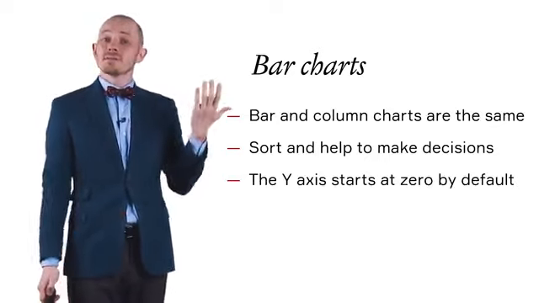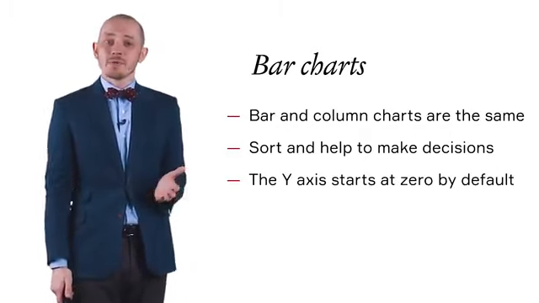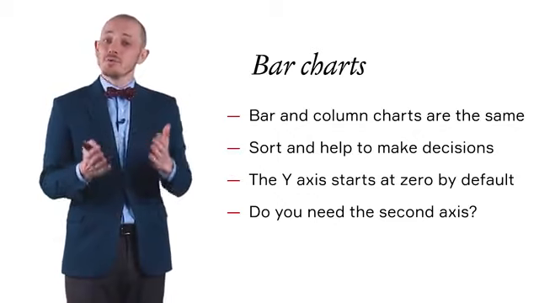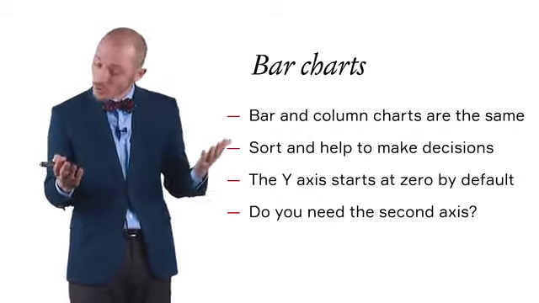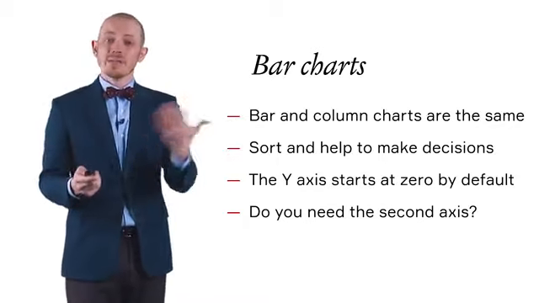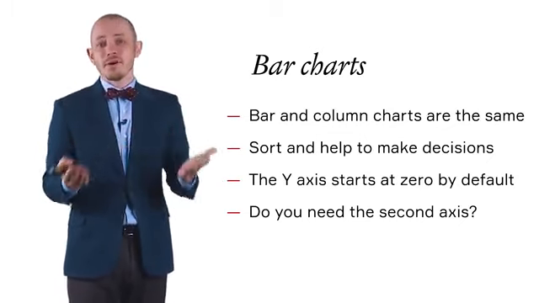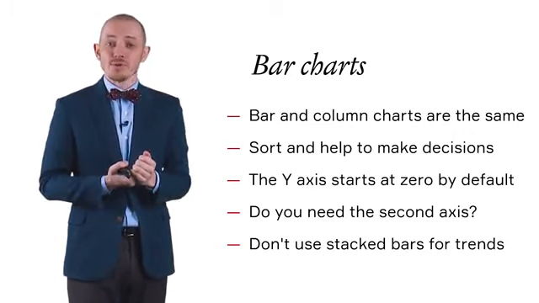The y-axis starts at 0 by default, but please do not be too fanatical about this. The question is, do you need the second axis? And if you did truncate the y-axis, then probably yes, but otherwise probably no. By default, you should be removing the second axis. And finally, please do not use stacked bars for trends, use line charts instead.